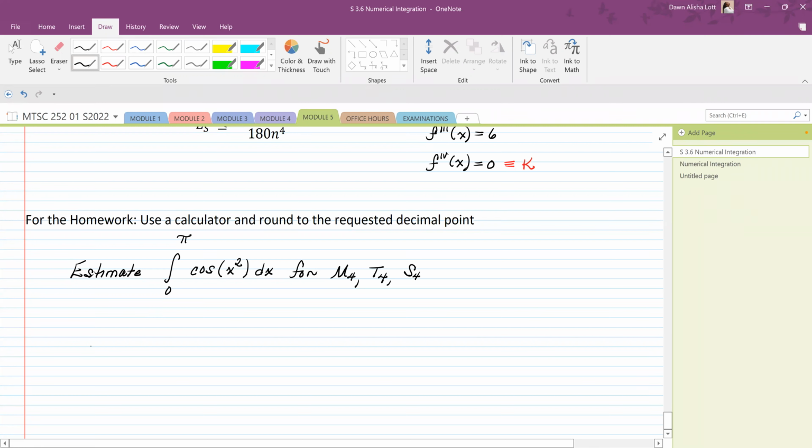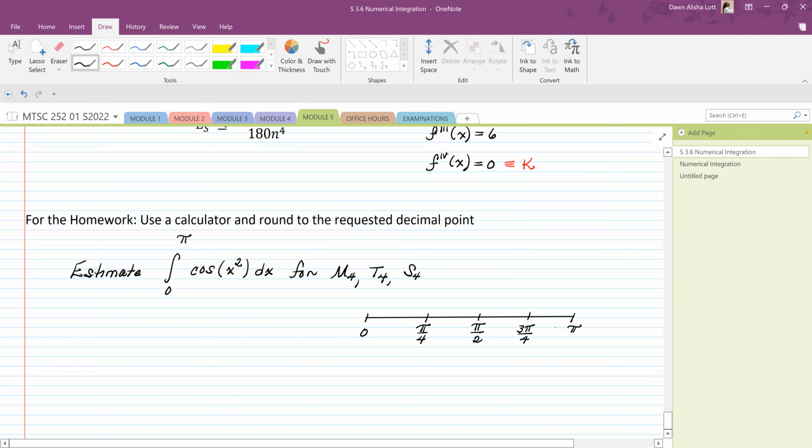So then you would divide your interval, just like we did. You may have 0, pi over 4, pi over 2, 3 pi over 4, and pi.